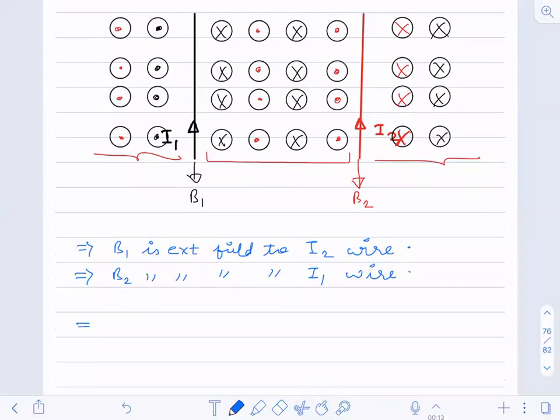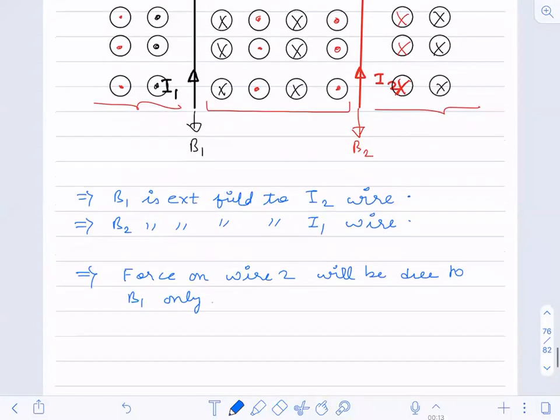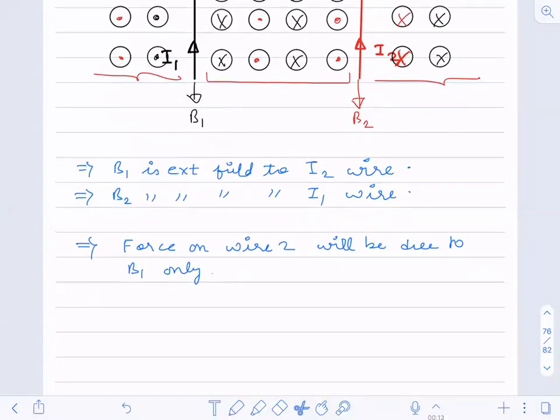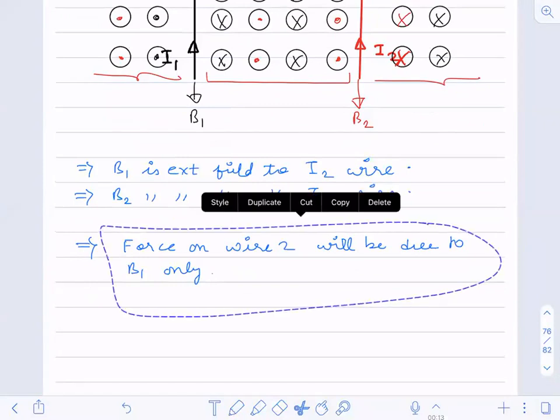Now this implies the force on wire 2 will be due to B1 only. Correct? Yes or no? The force on wire 2 will be only due to what?